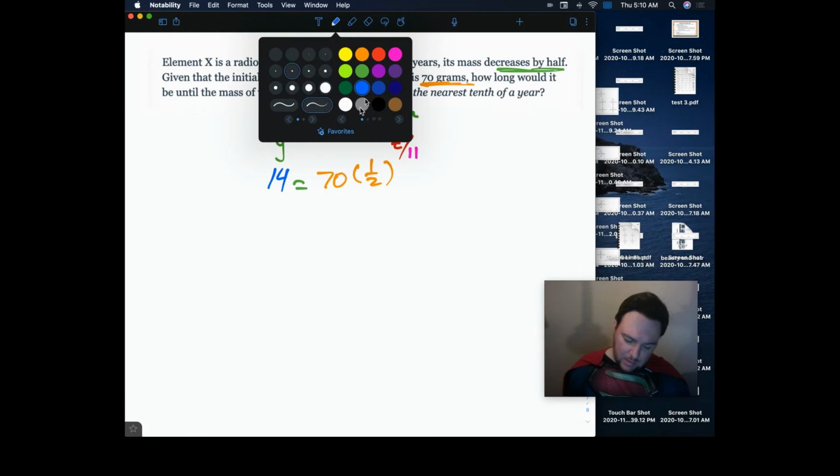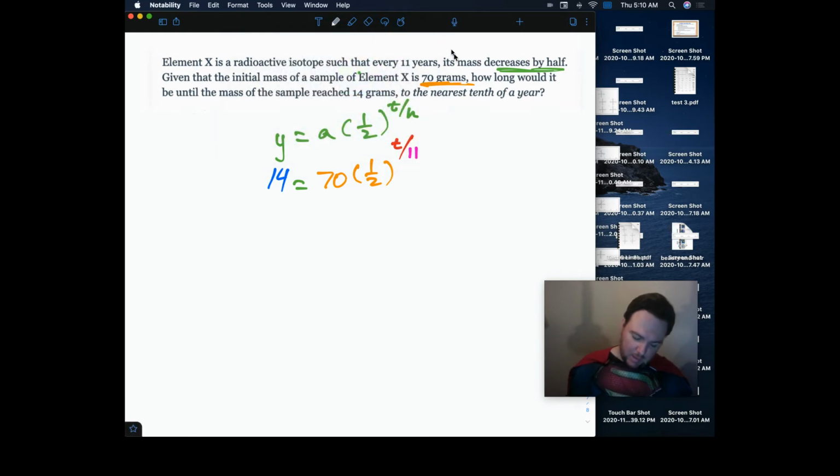When you see this, we're really following PEMDAS here. And so you want to divide through by 70 first. You want to leave the base and the exponent by itself. So we do 14 over 70, which is 2 over 10, which is 0.2, equals 1/2 to the t over 11.